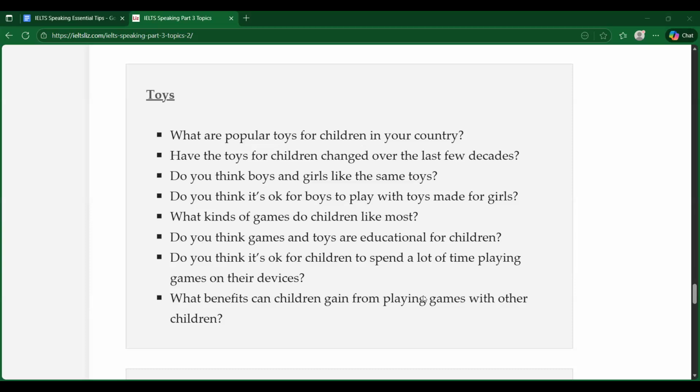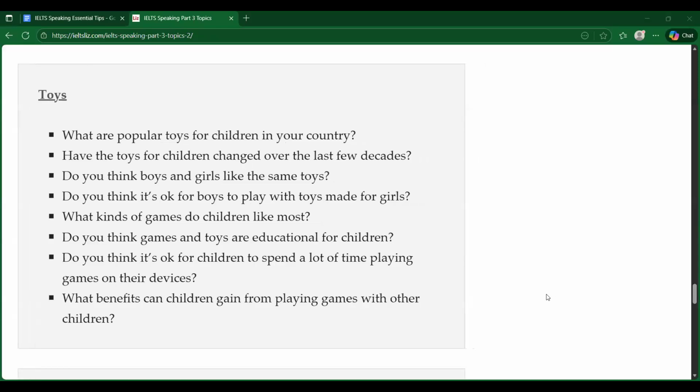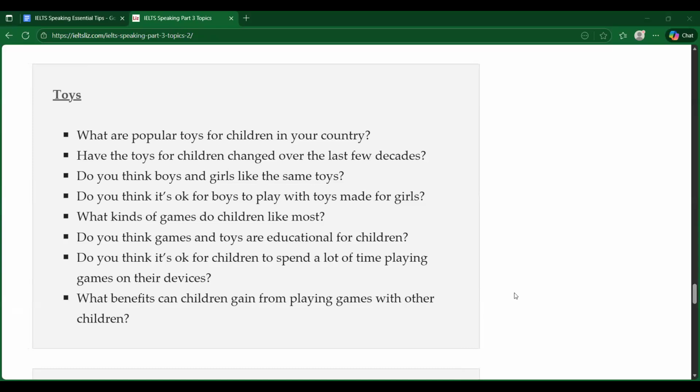If we lengthen our answer, there is more chance of making mistakes in grammar and vocabulary, and we also run out of vocabulary. We have limited vocabulary, right? If we are talking about a specific topic, we won't be able to recall synonyms for it.